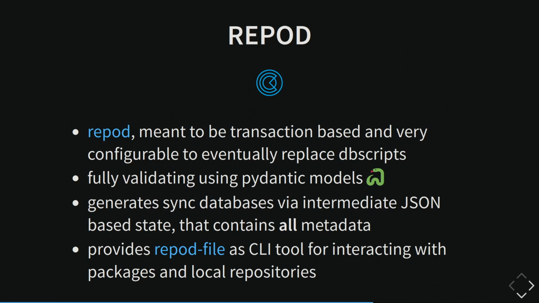It's fully validating the internal states, which means all these files I showed to you earlier, by the use of pydantic models. But that also means it's Python, and that's not very fast, necessarily. It generates the sync databases, the ones that contain the desc files, via some intermediate JSON that contains all the metadata.